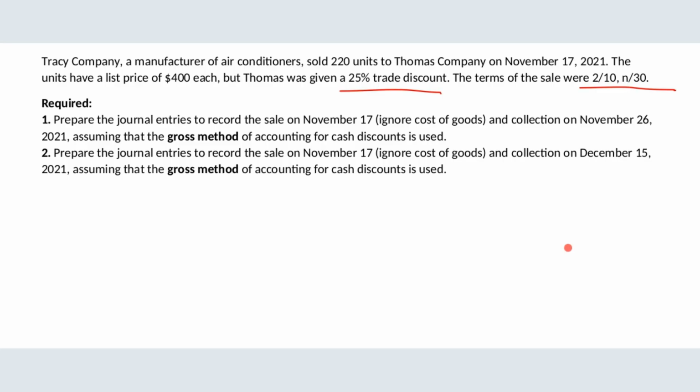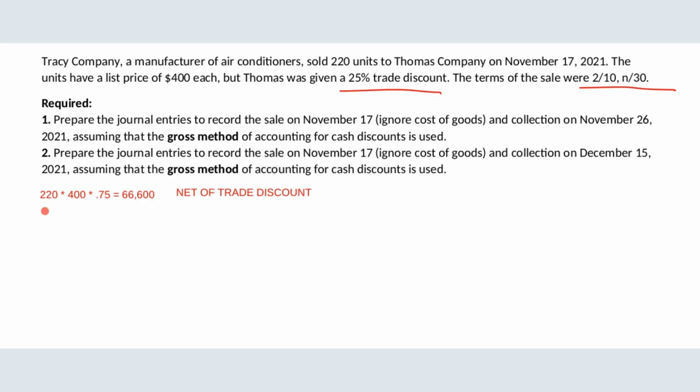Do we get the amount that I think we're going to get? Yes, and that is equal to 66. All right, so that is net of trade discount. And that's the amount that we're going to use to record our receivable.